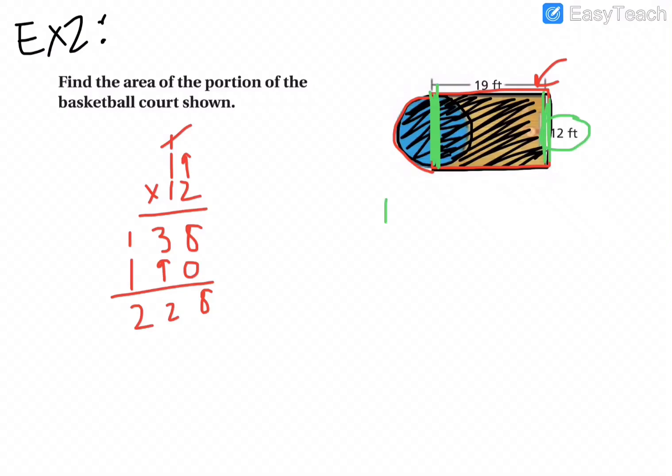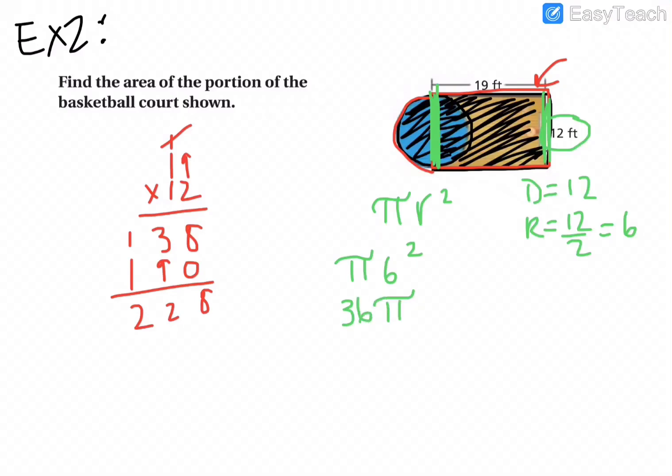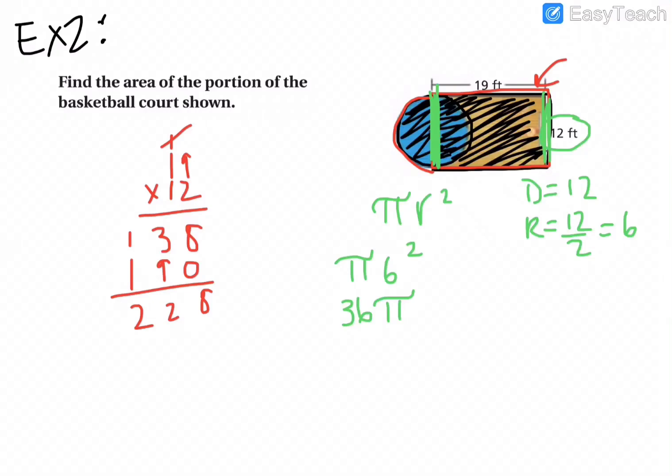And remember, to find the area of a circle, you're going to do pi r squared. So if the diameter is 12, we'll cut that in half for the radius, which is 6. So we'll do pi times 6 squared, and that's 36 pi. And then don't forget, we're going to have to divide that by 2.